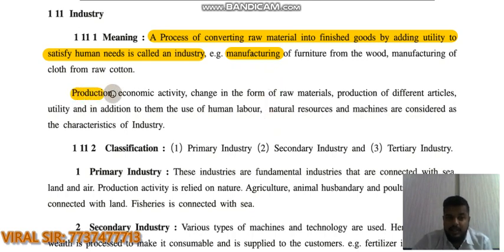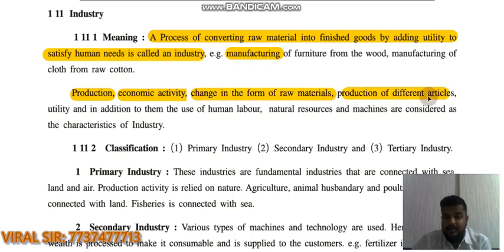Industry is production, an economic activity or change in the form of raw materials, production of different articles, adding utility, using human labor, natural resources and machines, which are considered the characteristics of industries.